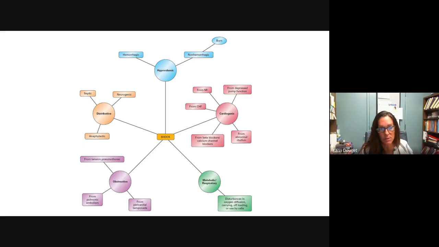And then we deal with distributive shock. The examples of this one are a little bit different. Okay. So we'll take septic shock first. Septic shock is when you have a patient, and a good example is our nursing home patients. They're bedbound, they're not getting up and moving. They get febrile, and since geriatric patients lose the dexterity in their chest to be able to cough things up, they get some type of bug like a normal flu.